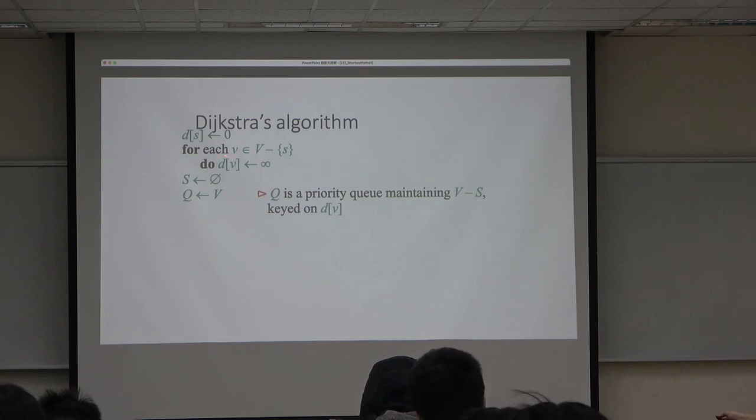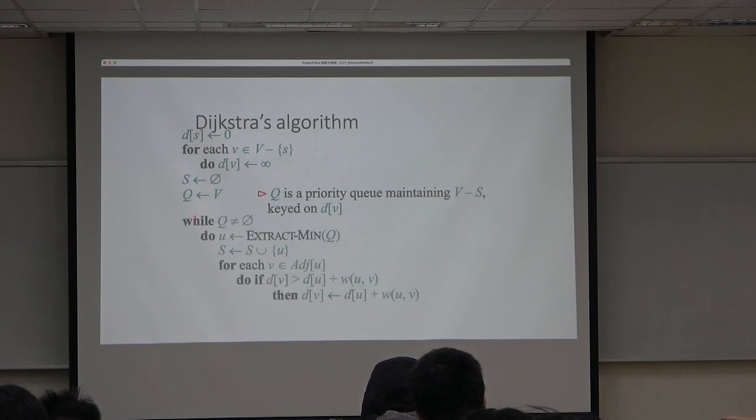Then, as long as Q is not empty, you do the rest. This is again very similar to Prim's algorithm.